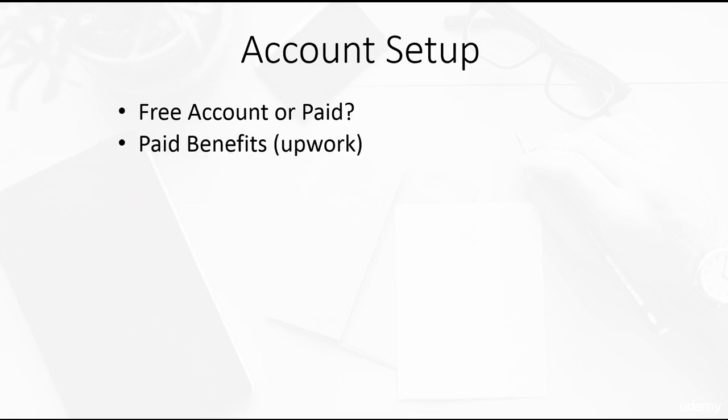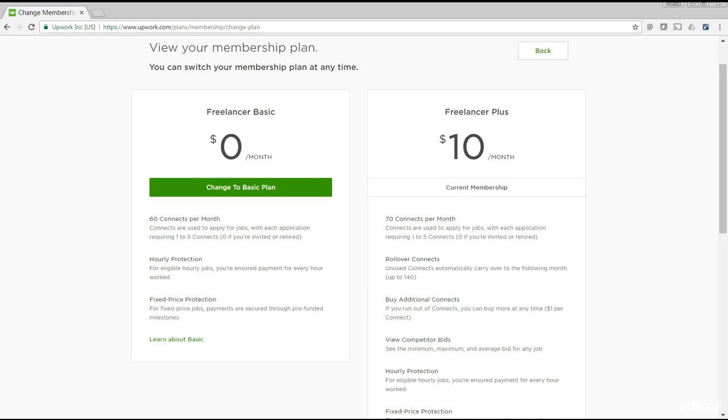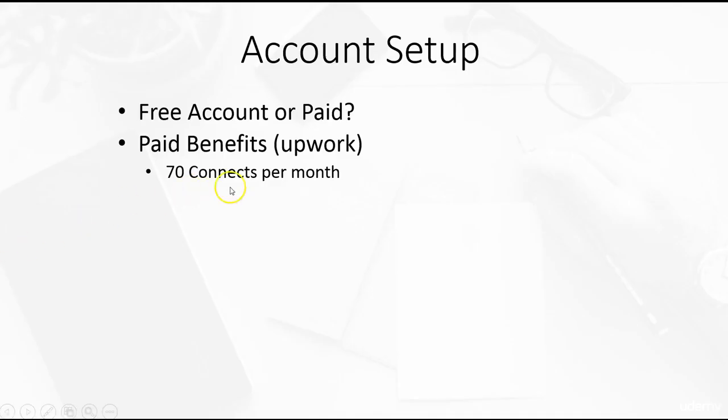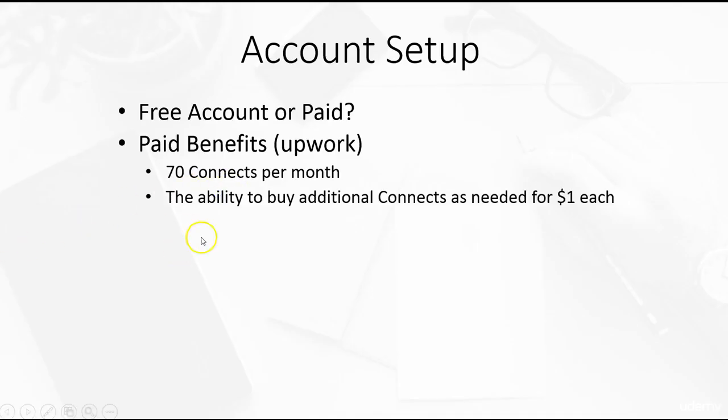So paid benefits, being a premium member on Upwork. You get 70 connects per month. So what is that over the free plan? 60 connects per month. Actually, that's not much of a difference, frankly. I'm not sure how much that really matters. The ability to buy additional connects as needed for $1 each. Most of you probably know, but a connect basically is the currency on Upwork that allows you to bid for jobs that are posted.